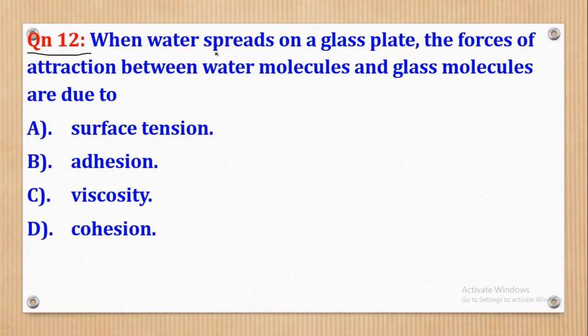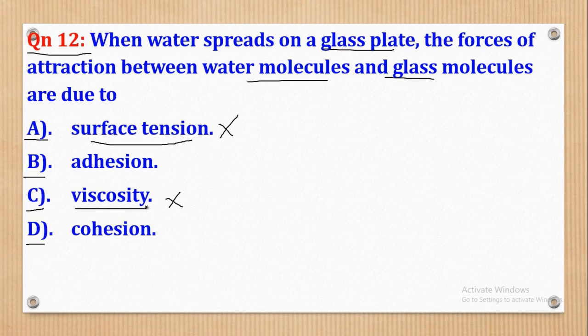When water spreads on a glass plate, the forces of attraction between water molecules and glass molecules are due to option A, surface tension, option B, adhesion, option C, viscosity, and option D, cohesion. So surface tension and viscosity are already off because surface tension is a tangential force acting normally per unit length.